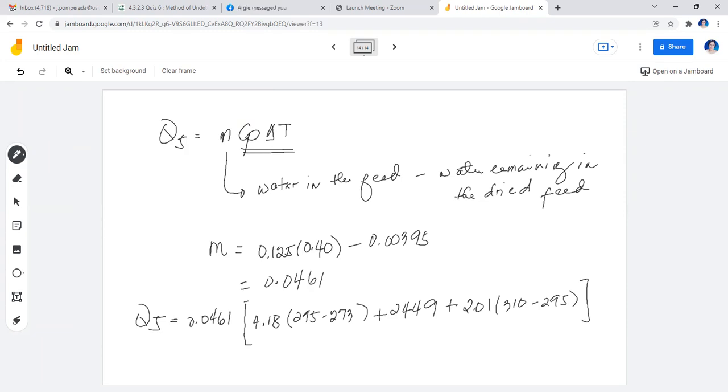This is now the total energy content of the water that was vaporized that went together with the air as it leaves the dryer. So your Q5, if you add all this up, is 118.27 kilowatt.